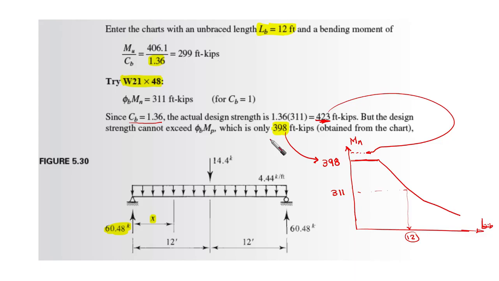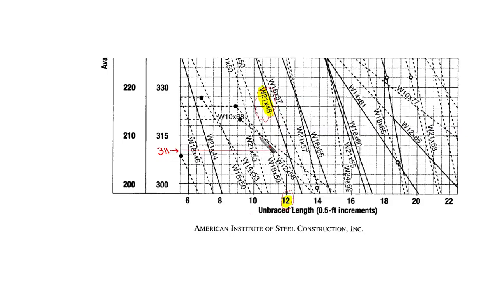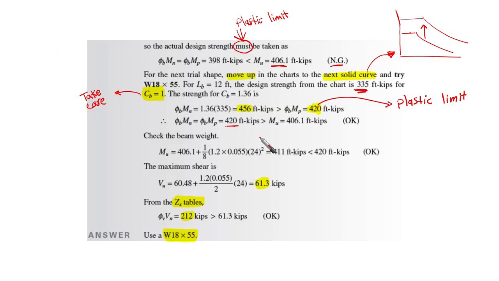In this case, this is the maximum for us. The actual design strength must be taken as phi b times Mn, which is 395. This is less than 406, as we said, which is not good.